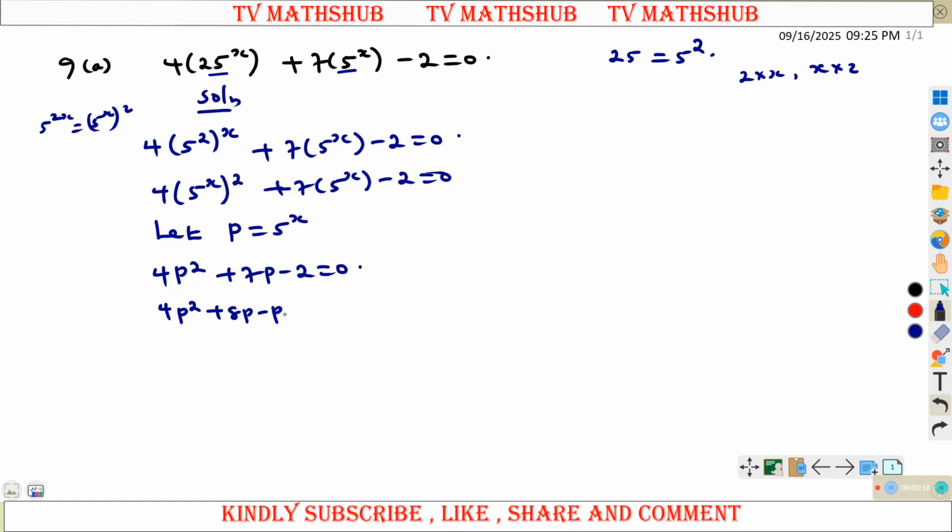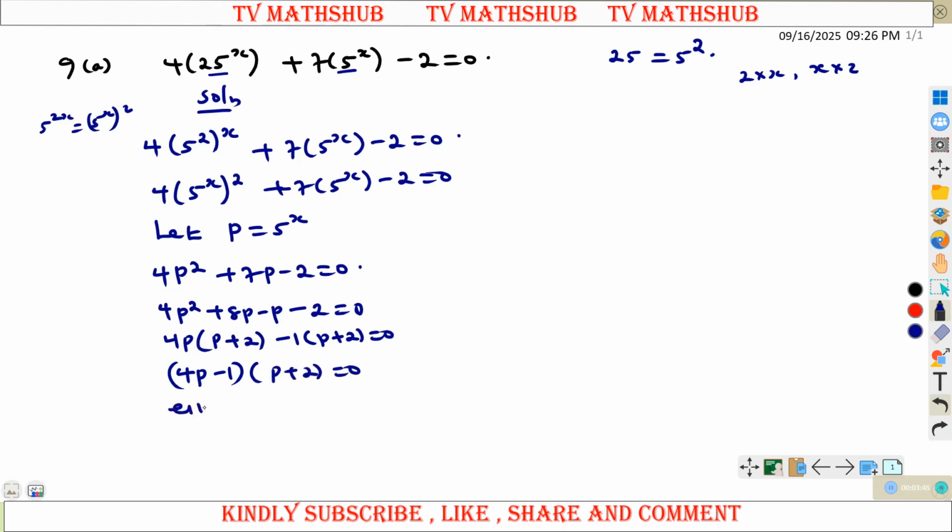So 4p squared plus 8p minus p minus 2 is equal to 0. We can pull out 4p, which remains with p plus 2, and the other gives negative 1 into p plus 2, equal to 0. So you have 4p minus 1 into p plus 2, which is equal to 0.